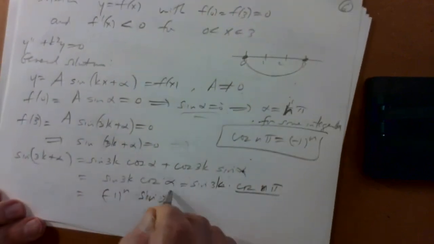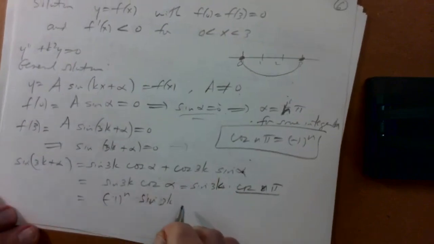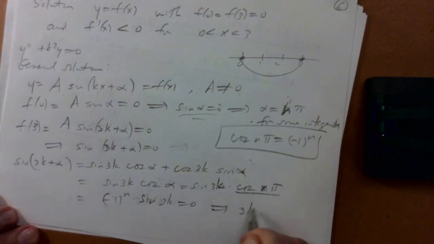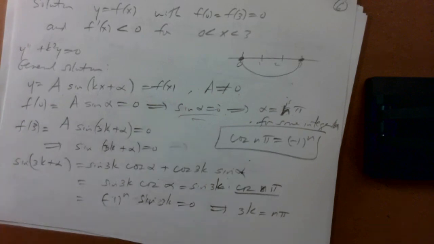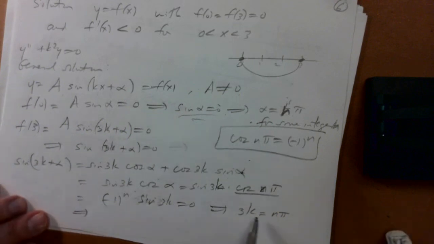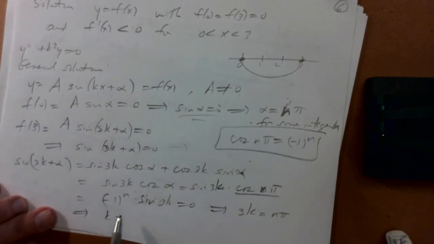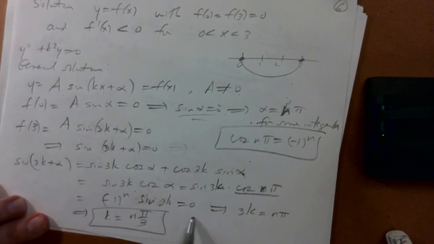The sine of 3k, that's 0, which means 3k is a multiple of pi. Right, which means k is equal to n times pi over 3 for some n.